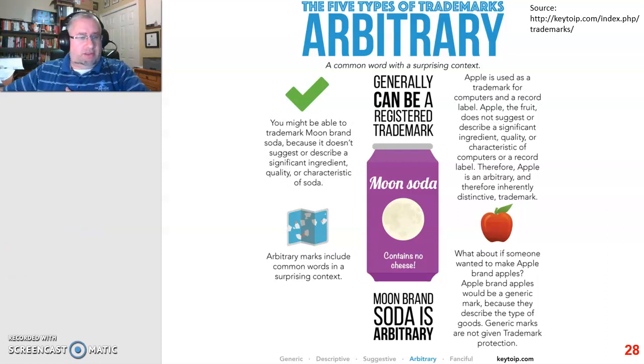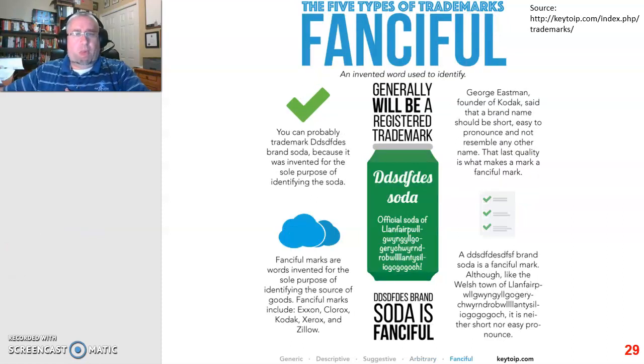So okay, let's move on to the last one. So these are fanciful trademarks. This is the fifth type of trademark, and these are becoming more and more common as people are creating companies in the 21st century where they're needing to navigate the internet and the restrictions of coming up with domain names, right?